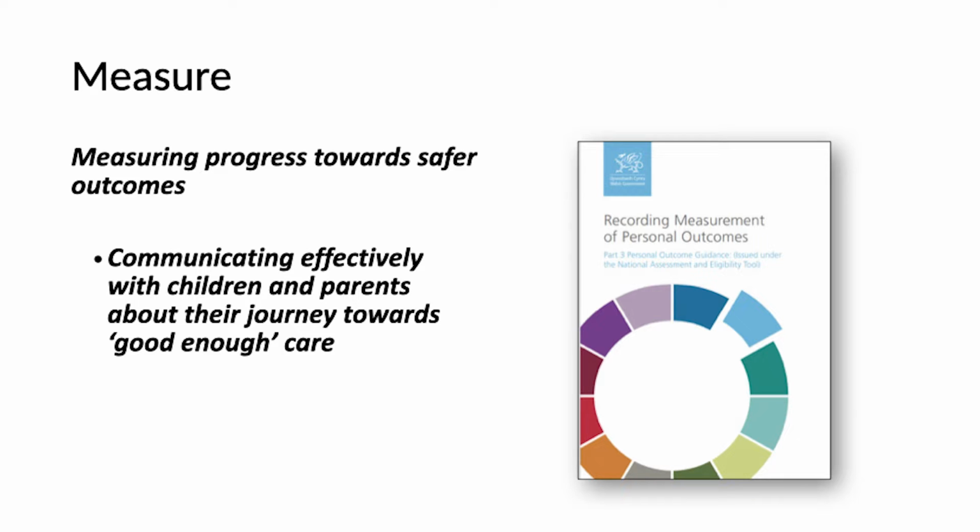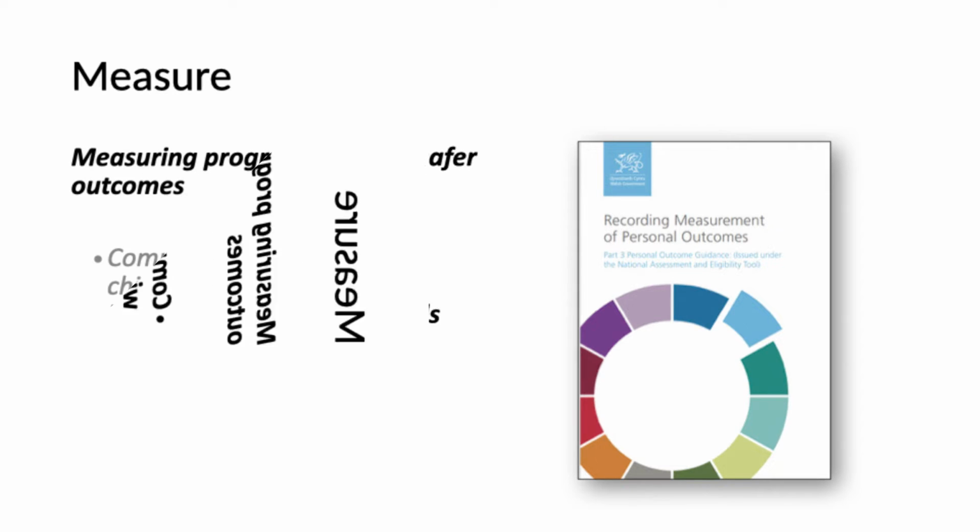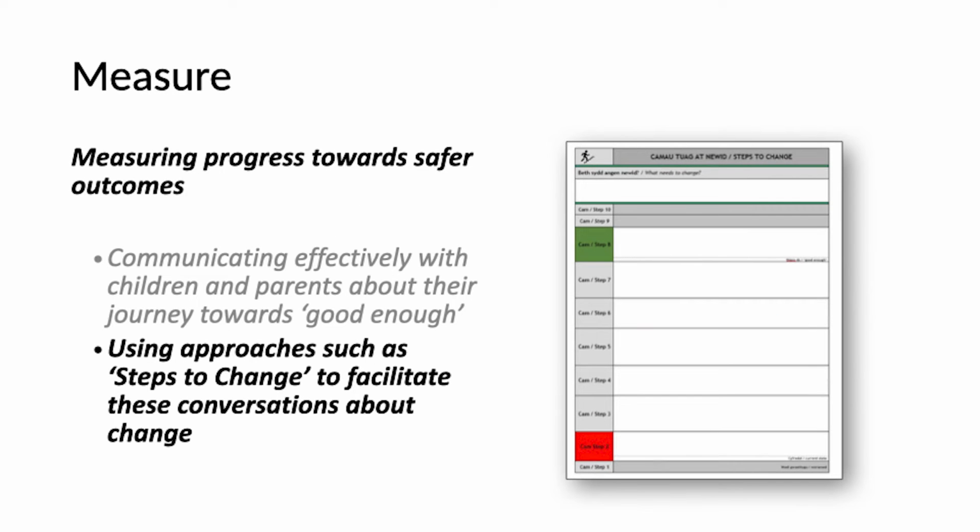This has to engage and be meaningful for parents. Steps to Change is a tool that structures change talk, encouraging a clear journey for the family towards good enough care. Once this journey is mapped with the family for each area of change, the Steps to Change approach can track progress.